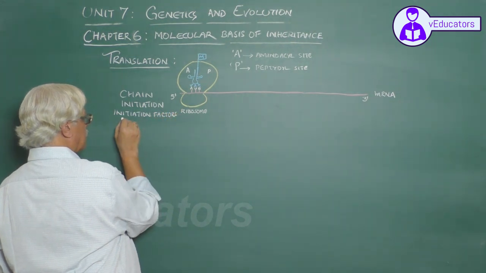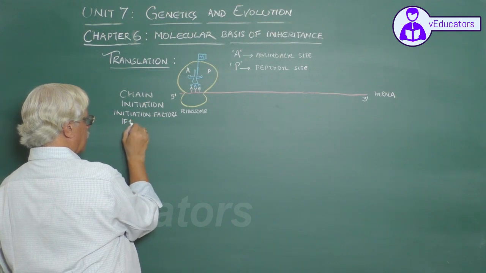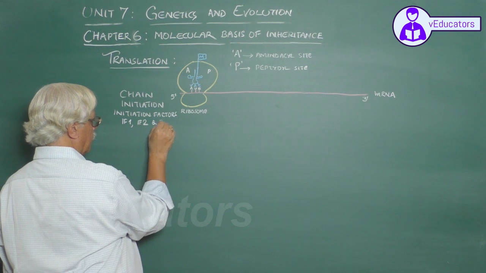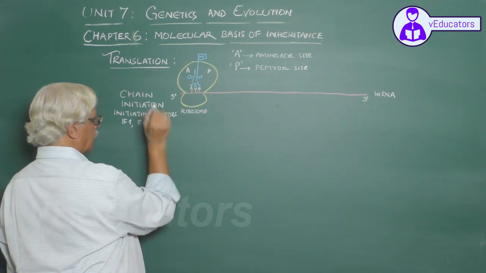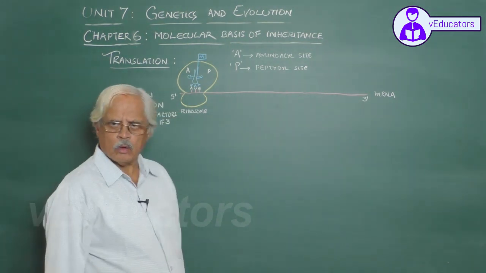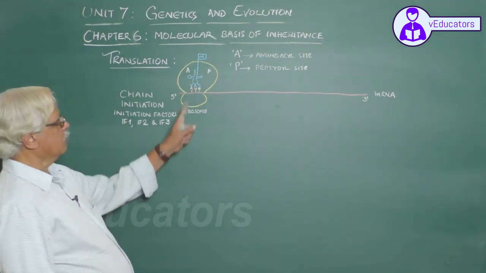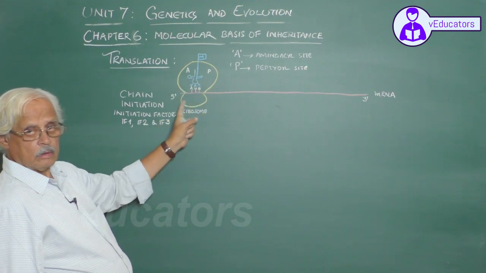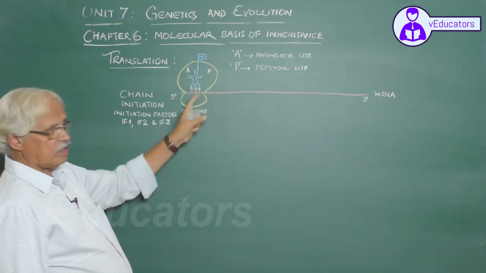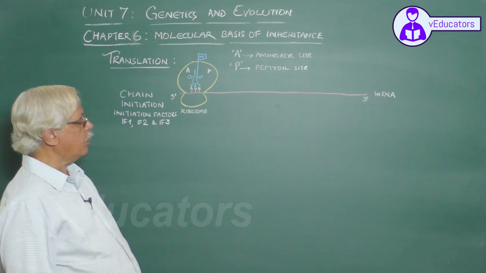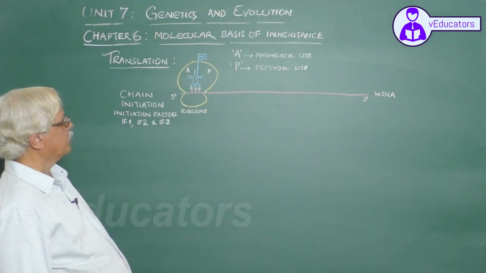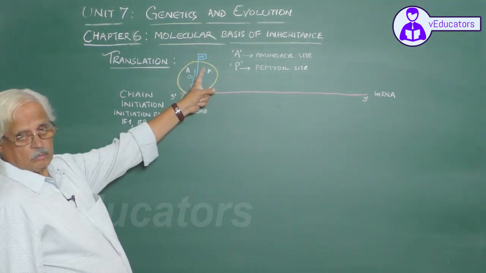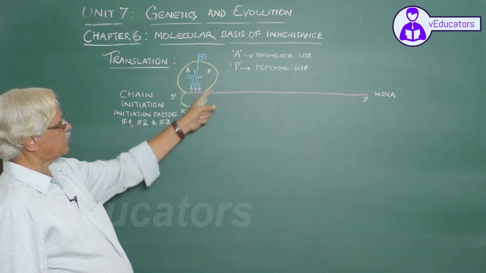Three initiation factors, IF1, IF2 and IF3 are known to be involved in the process of initiating the formation of a polypeptide chain. So first amino acid has been brought to the site of protein synthesis.